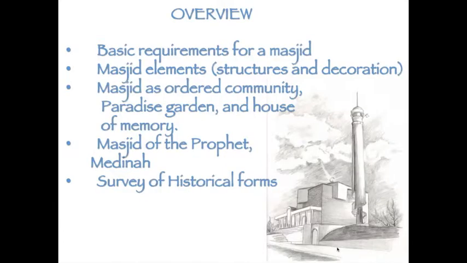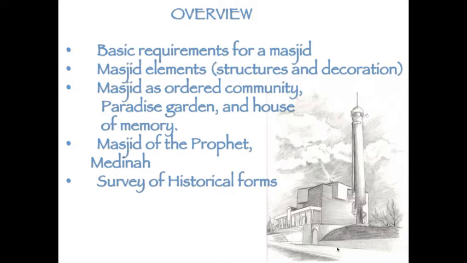So for this presentation, we're going to take a look first at some of the basic elements for a mosque, or in Arabic, transliterated masjid: the elements, the structures, and the decoration of mosques. We'll also take a look at some themes of the mosque as a community, as a reflection of paradise, particularly paradise as envisioned as a garden, as well as a structure that maintains, even if modern, elements of older mosque architecture.